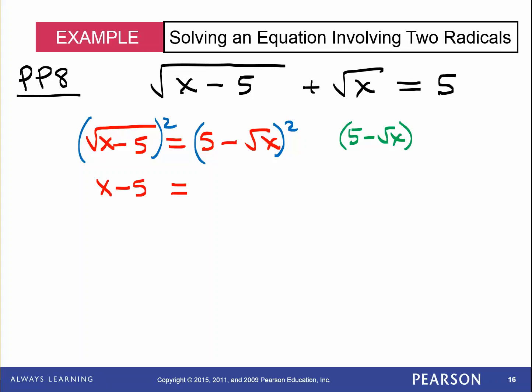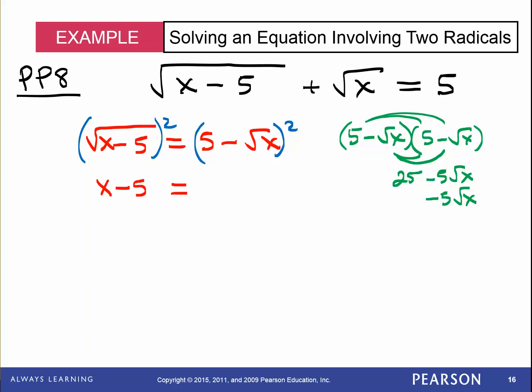So 5 minus radical x times another 5 minus radical x. Let's see, the FOIL method gives me a 25. 5 times a negative root x gives me a negative 5 root x. Outside term, inside term of FOIL, it gives me the same thing again: negative square root of x times 5 is negative 5 root x.